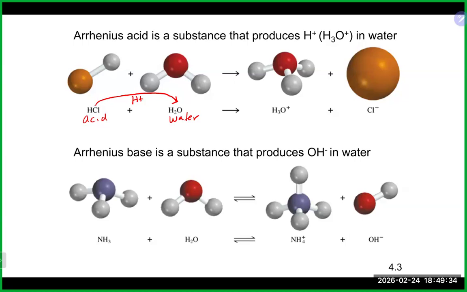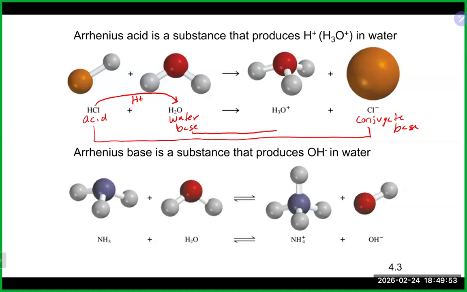Once again, when that HCl loses its H plus, it will create its conjugate partner on this side, which is the conjugate base, the Cl minus. When water, which is in this case our base, gains the H plus, it will create H3O plus, that hydronium ion, and that will be our conjugate acid.